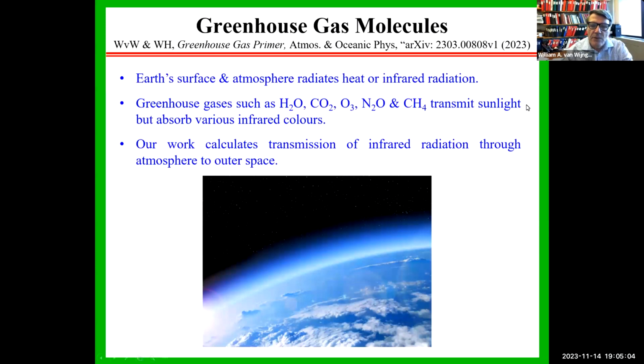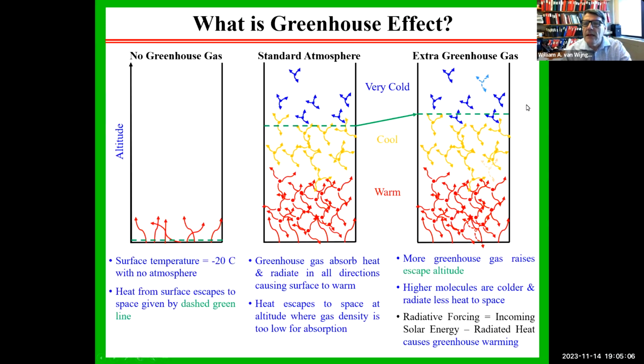Now, what I'd like to discuss first is how does this greenhouse effect work? On the left side, you see a little panel. Here's an atmosphere with no greenhouse gases. So you can imagine the surface absorbs sunlight and then it radiates heat. Because there's no greenhouse gases, those photons, or heat, that are radiated from the surface can go straight to outer space.